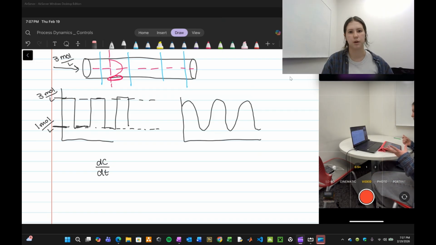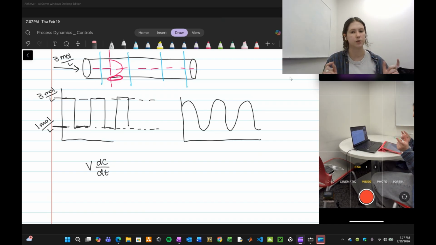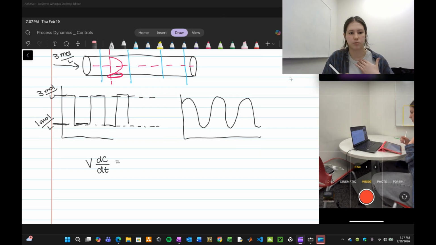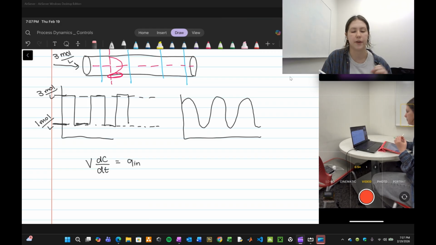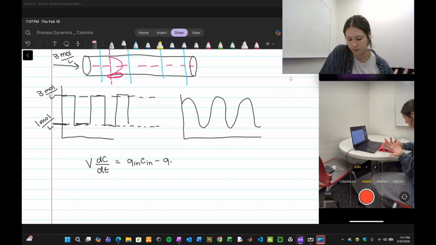We're going to want our concentration times our volume, because the volume of each of these sections is going to be equal and constant. And so that is going to be equal to what's going in versus what's going out. We'll have one flow rate going in; we're going to call that Q in. That's going to be multiplied by the concentration going in, so we'll call that C in. And then minus what's going out, Q out, times the concentration of what's going out.